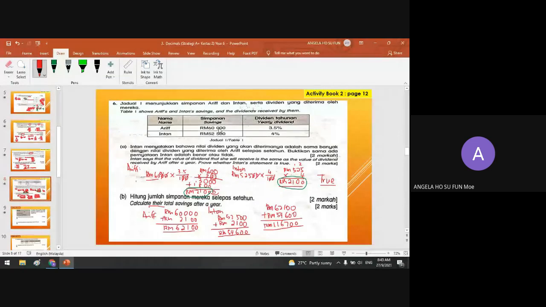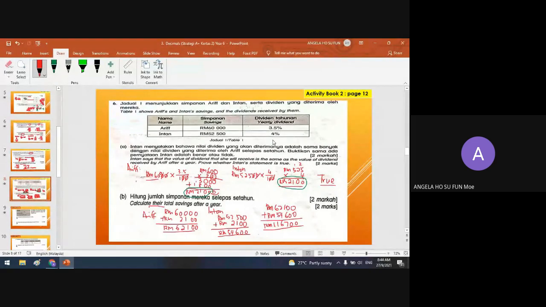If Arif also can get 4%, of course, he will get more yearly dividend. But unfortunately, he gets a bank of maybe only 3.5%. Maybe Arif thinks that bank is nearer to his house, or more convenient to him, which can also be considered a reason why he chose 3.5% but not 4%.